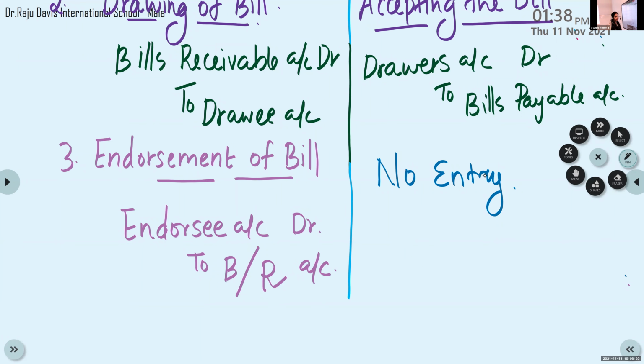For drawee, regarding the endorsement of bill, there is no entry. Why? Because that particular transaction is taking place between the drawer and his endorsee. So drawee has no role, nothing to do. Okay.